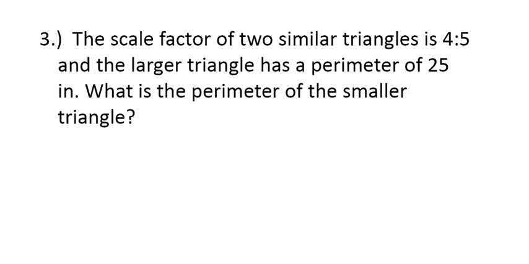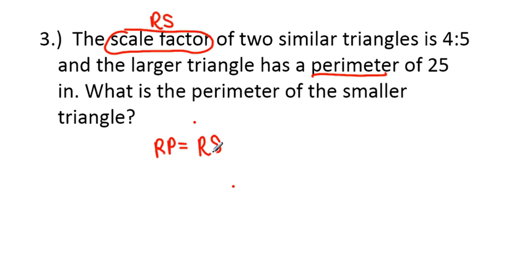All right, next one talks about the scale factor of two similar triangles being 4 to 5. The larger triangle has a perimeter of 25. They want to find the perimeter of the smaller triangle. Well, I'm going to remember that the scale factor is the same thing as the ratio of the sides. They want me then to compare the perimeters. Well, I know that the ratio of the perimeters and the ratio of the sides are going to be equal.